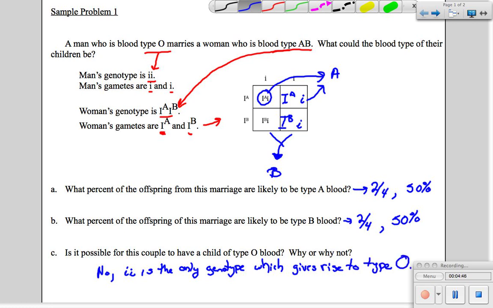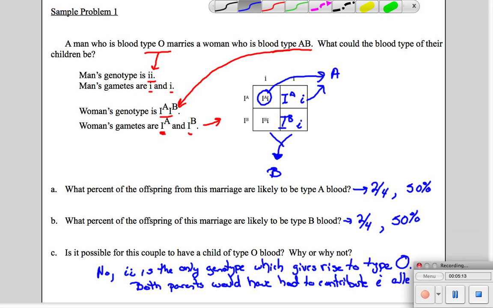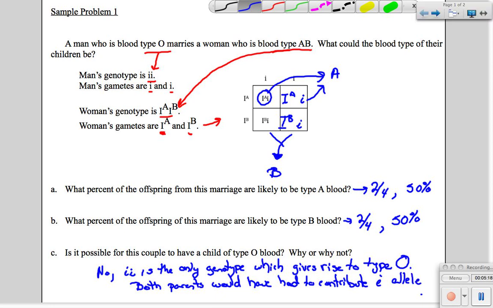So in order to be little i, little i, both parents would have had to contribute a little i, and we can see that that's not possible given their genotype. So having a child with type O blood is simply not possible.